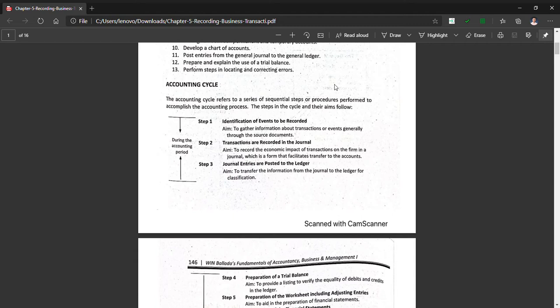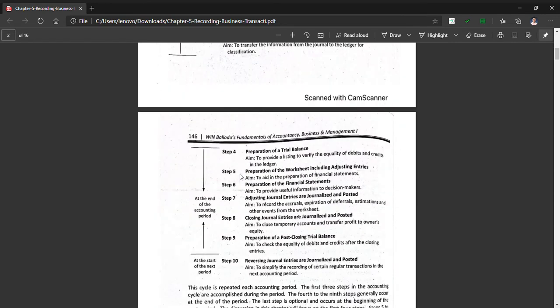So in order to provide information, you need steps to get that information. So these are the steps. Okay, so yung steps 1 to 3, these are done during the accounting period. Okay, so this is during the business year. While steps 4 to 9, this is at the end of accounting period or at the end of the business year. While step 10 is done at the start of the next period.